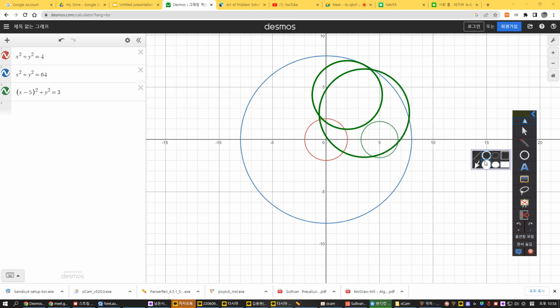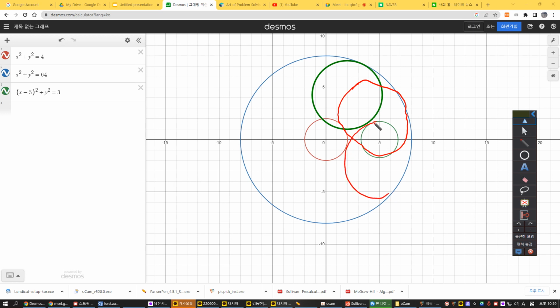This is the first case. It's hard to make the circle. Okay, so the second one is like this, and then as it passes through, like this.